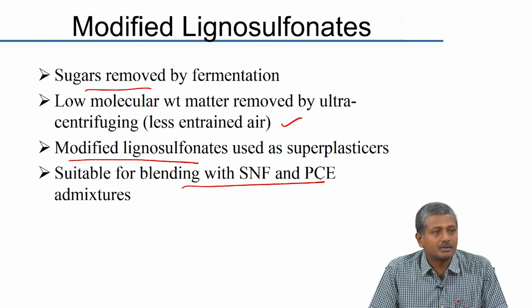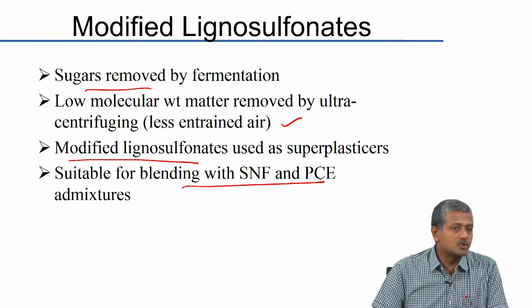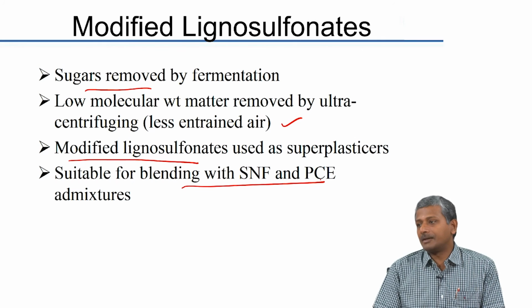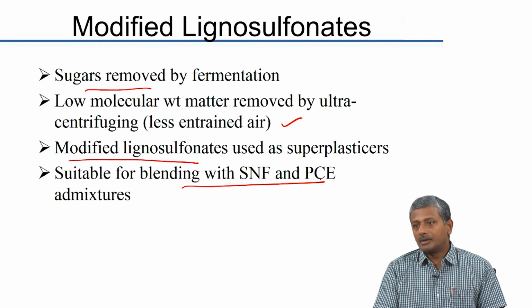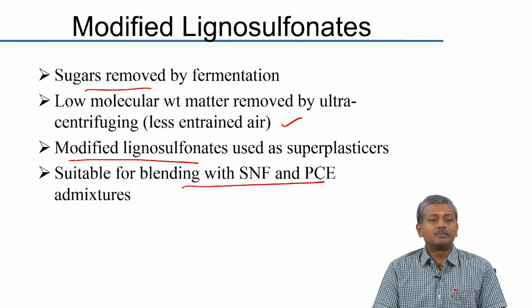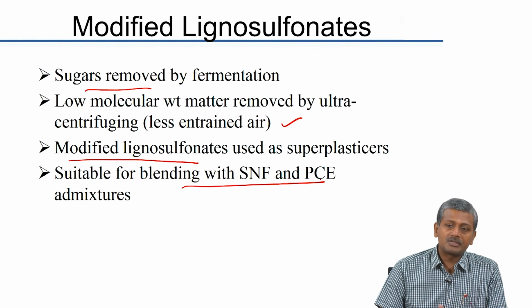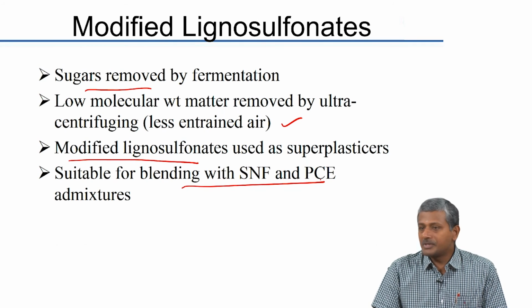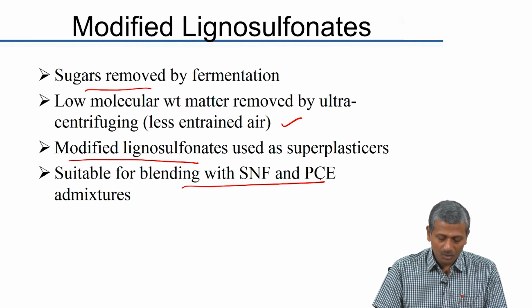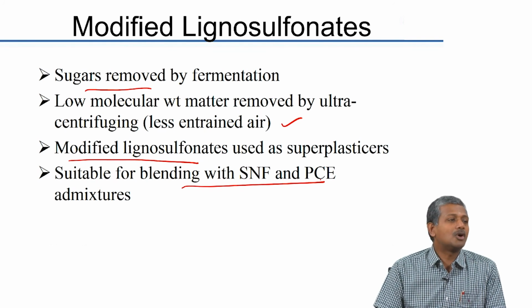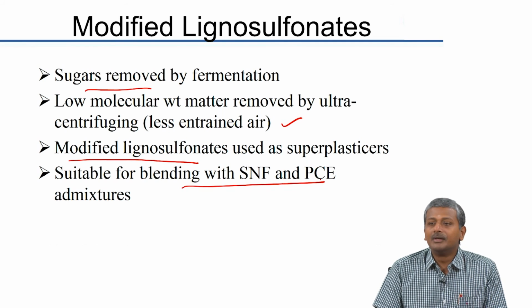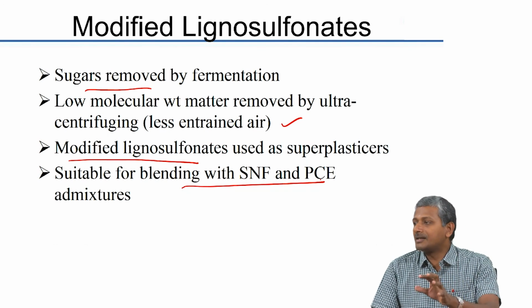The construction chemical companies typically add some lignosulfonates to prolong the setting time in warm climates. So, you should have chemicals that are miscible, only then this can actually be obtained. So, lignosulfonates are quite nicely miscible with both SNF and PCE based chemicals.